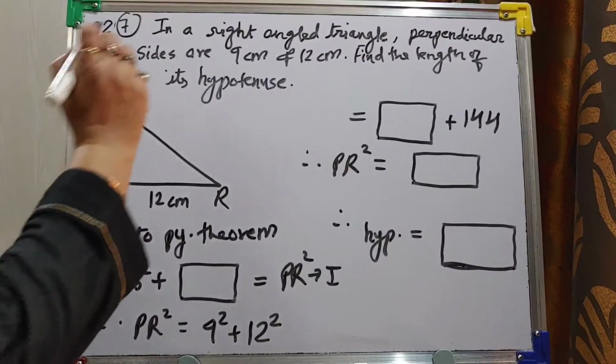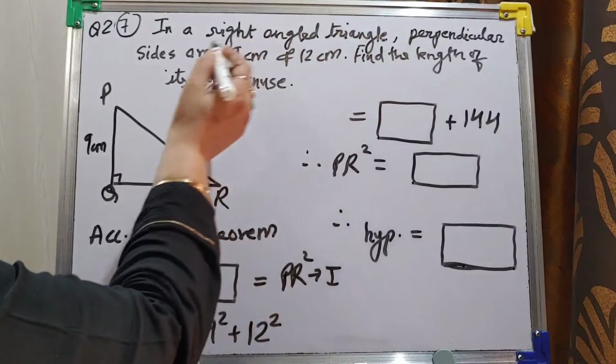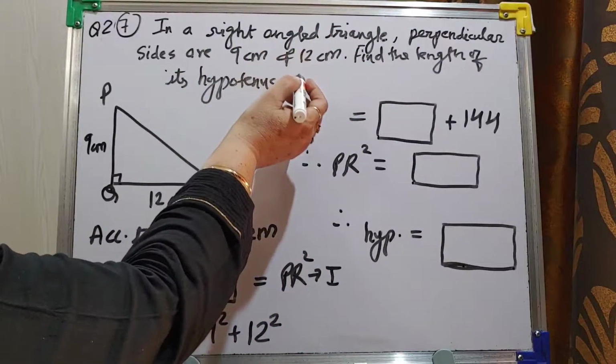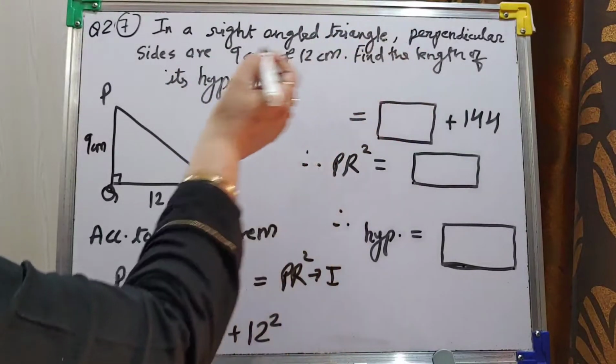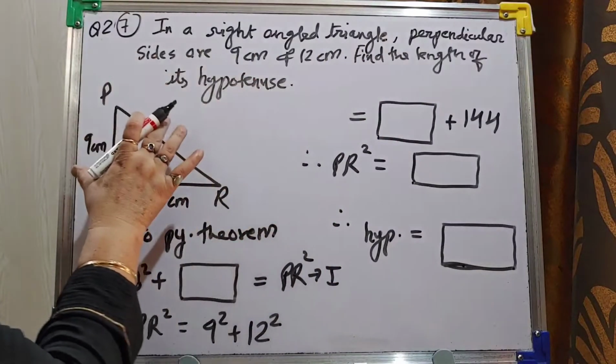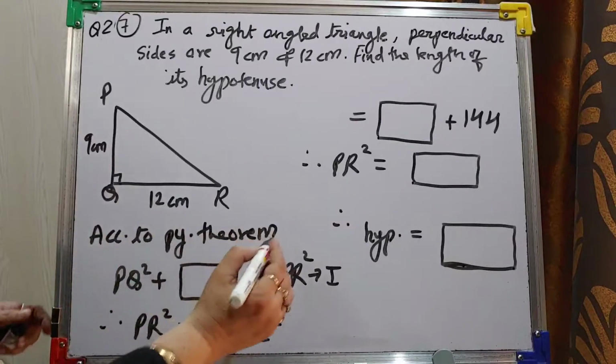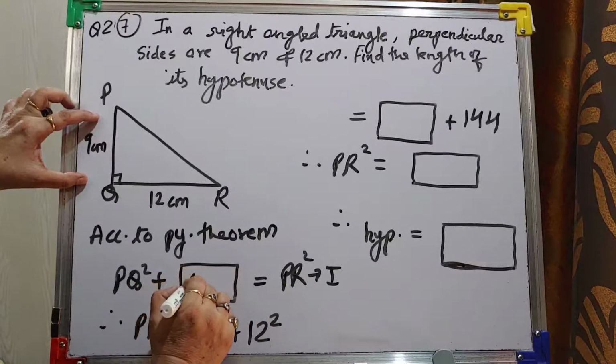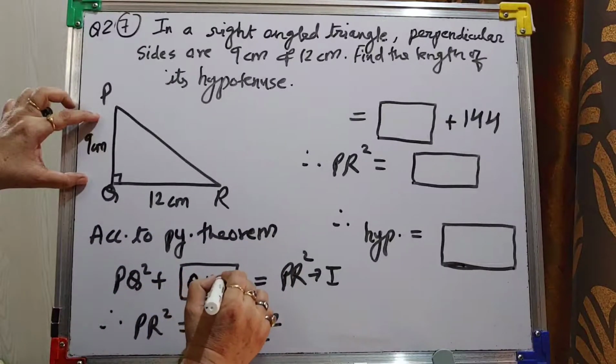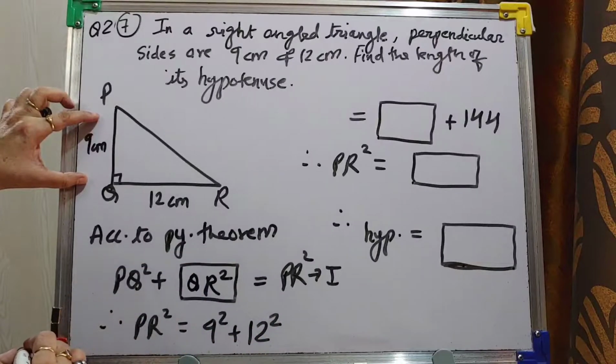Now see students, in a right angle triangle, the perpendicular sides are 9 cm and 12 cm. Find the length of its hypotenuse. So in the right angle triangle, these sides are given. According to Pythagoras theorem, PQ square plus QR square will be equal to PR square.